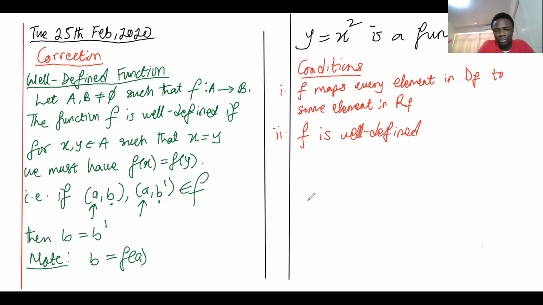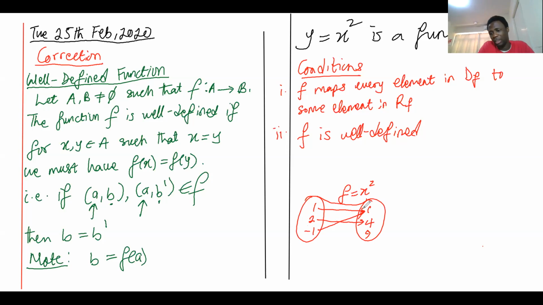When I say map, if I have here 1 and 2 and -1, and this is my F, which is x squared, this will be 1, this is 4, let's say 9. You can see 1 is mapped to this, 2 is mapped to that, minus 1 is mapped to that. Everything here is mapped to something here.